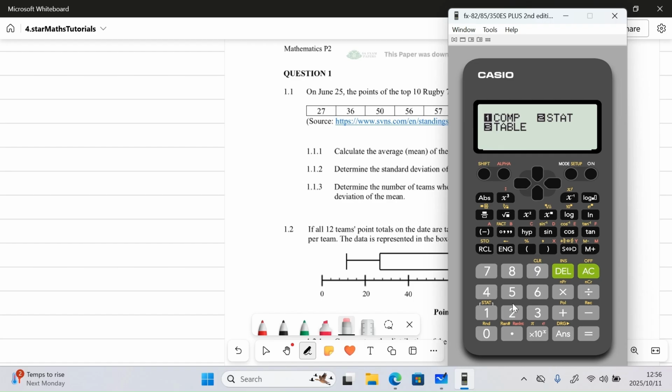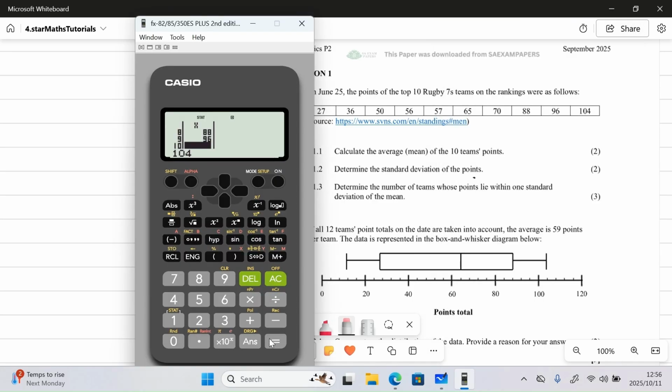Option number 2, then option number 1 for one variable. Then you enter your data: that is 27, that is 36. After entering the data, we don't press on, we press AC. Then shift, option number 1.